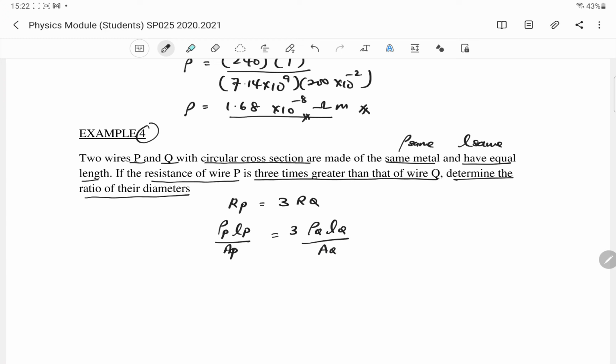Okay, so we know that area equal to pi d squared over 4.